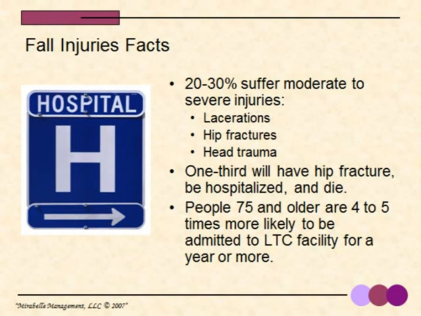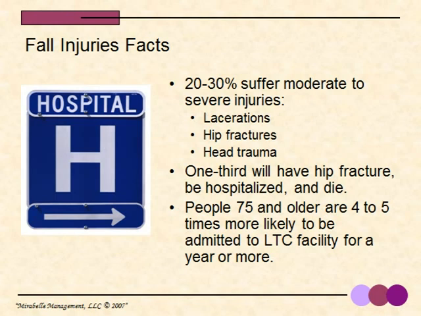The most common fractures are of the spine, hip, forearm, leg, ankle, pelvis, upper arm, and the hand. People age 75 and older who fall are 4 to 5 times more likely than those age 65 to 74 to be admitted to a long-term care facility for a year or longer.